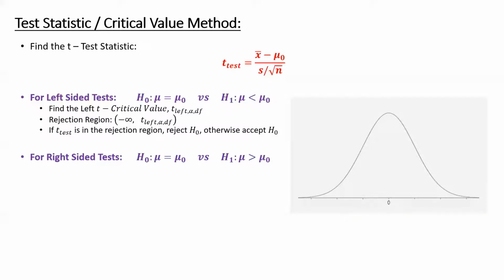Similarly, for a right-sided test, which means the alternative hypothesis is of the form mu is greater than mu0, we will need the right-sided t critical value. I have written it as t sub right alpha df. Well, writing it like that is not required. I just draw it as that. For the right-sided tests, we need to keep the complete alpha on the right tail of the t distribution with the corresponding degrees of freedom.